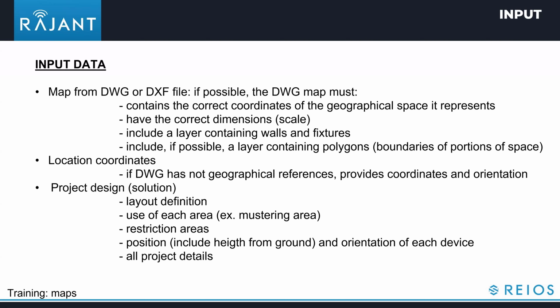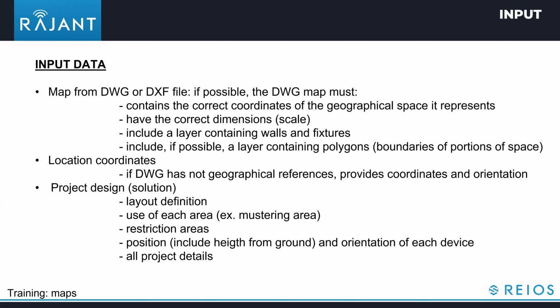The other point is to have a view of the project design, what Andrea described before. So we need to define the layout where the system works, define the destination use of each area and how each area is divided.